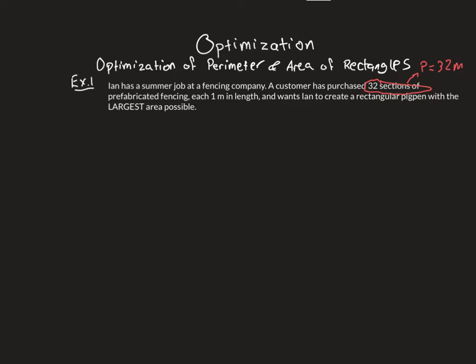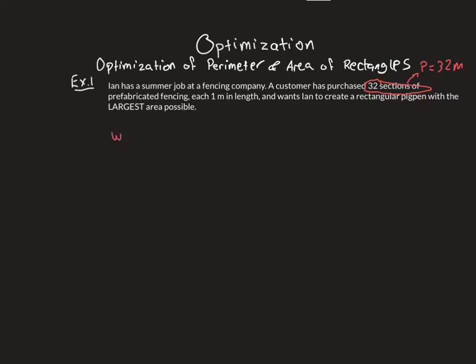So what we're about to do here is what we call optimizing the area. So what I want you guys to do is pause the video and try to figure out how you can make the maximum area here. Now you can try making a table, looking at various widths, various lengths, but they still have to give you the same perimeter.